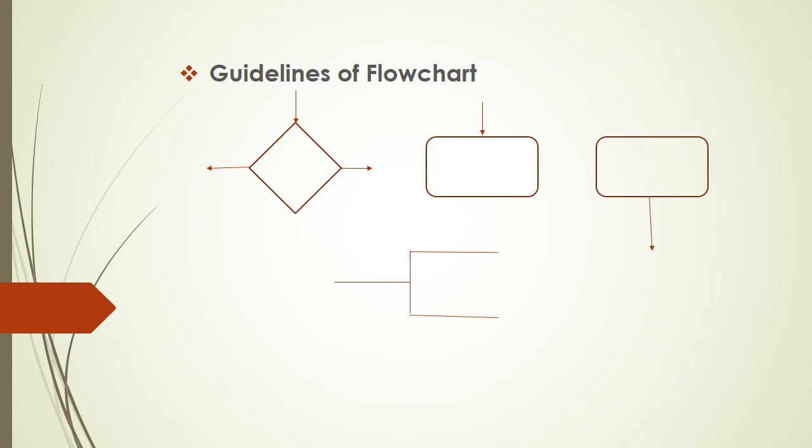If the flowchart is complex, it is better to use connector symbols to reduce the number of flow lines. The intersection of flow lines should be avoided to make it more efficient and clear. It is useful to test and verify the flowchart by passing through it with test sample data.